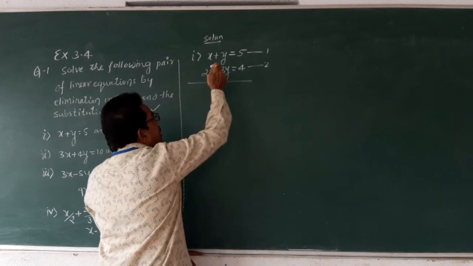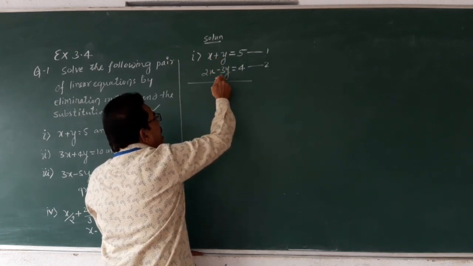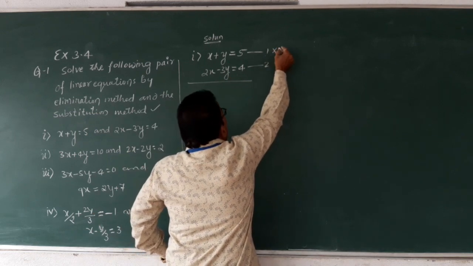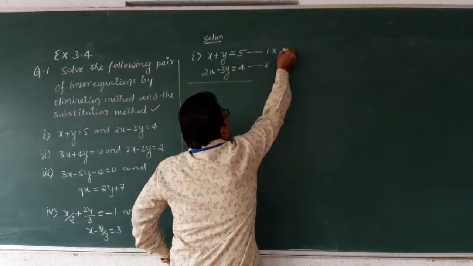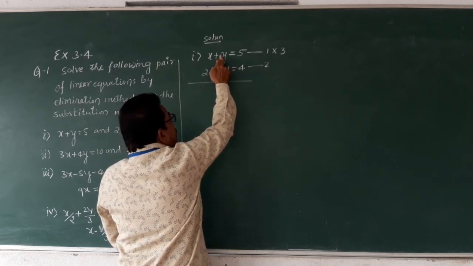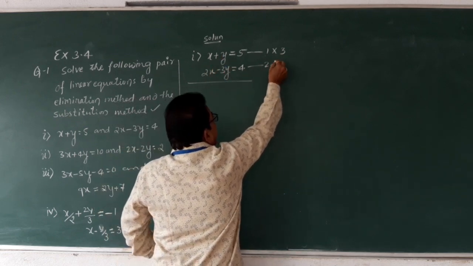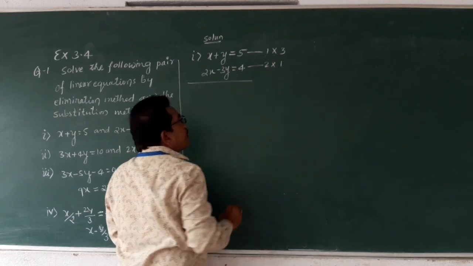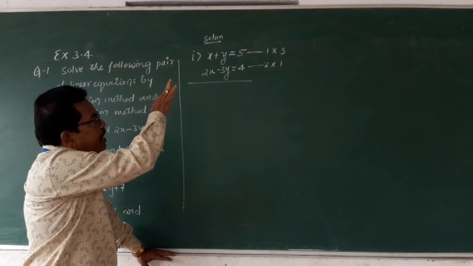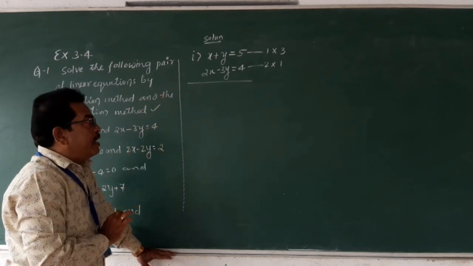I will take the coefficient of y. The coefficient of y in the second equation, 3, will be multiplied to the first one. Then the coefficient of y here is 1, that should be multiplied to the second one. That means I am making equal that coefficient of y.